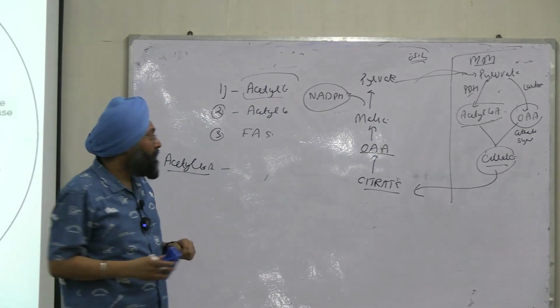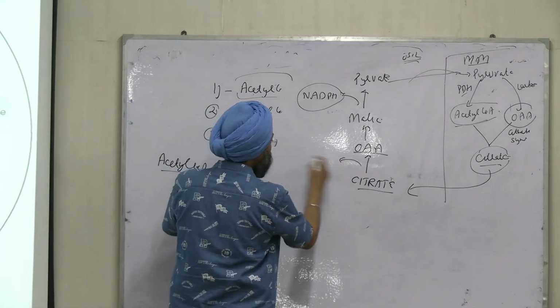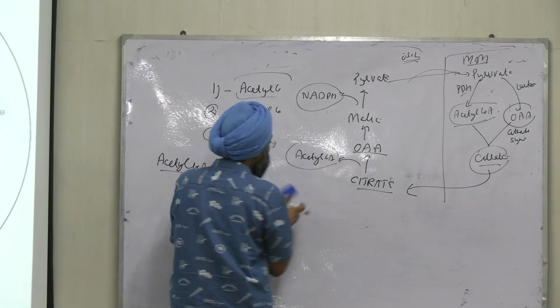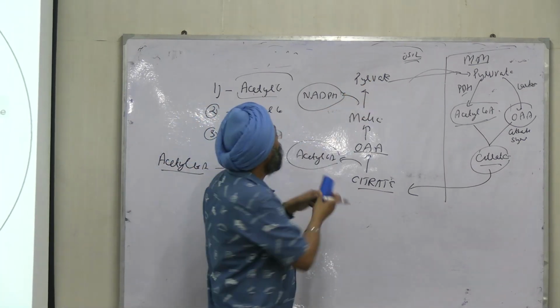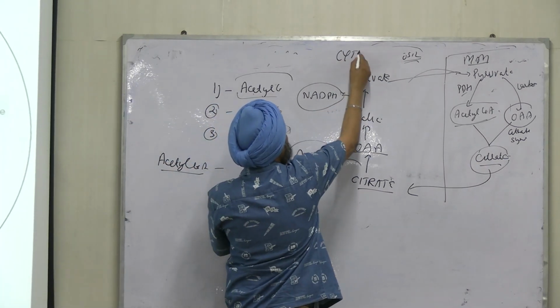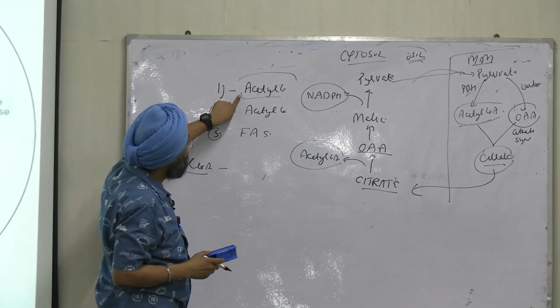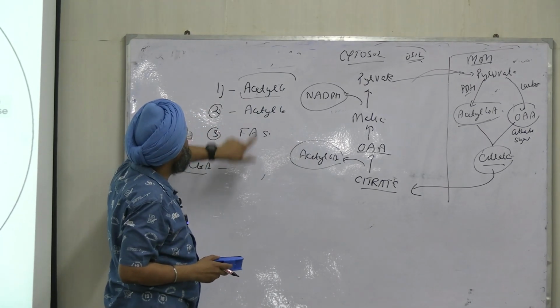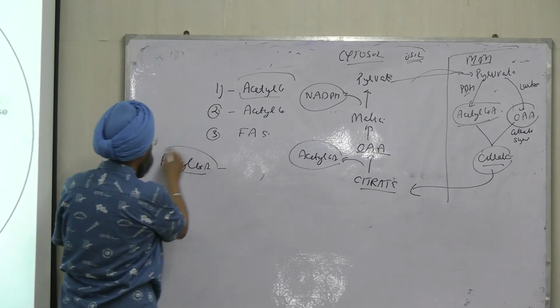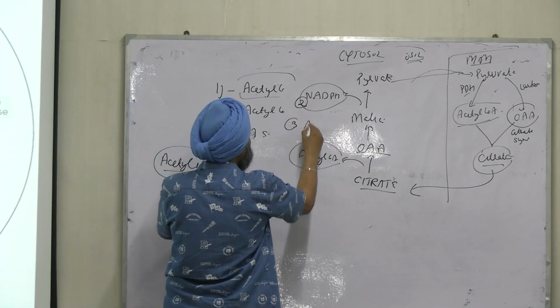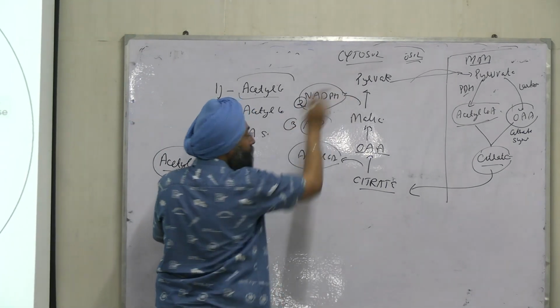Now the three raw materials were, one is acetyl CoA. Now it is here in the cytosol, right? The three raw materials were acetyl CoA, then NADPH, second, and third is ATP. Now all the three raw materials are there in the cytosol.